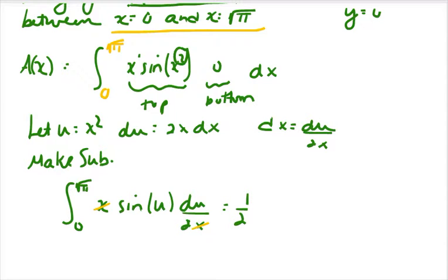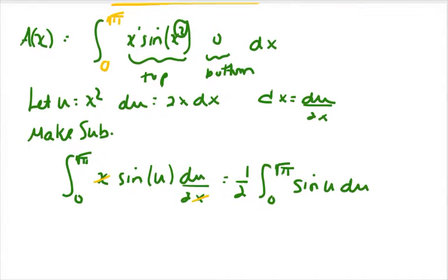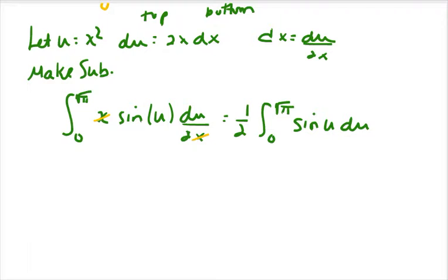I'm going to pull out the constant. And this becomes just the integral of sine of u du. And hopefully you remember that the integral of sine of u du, the antiderivative, is just minus cosine u.